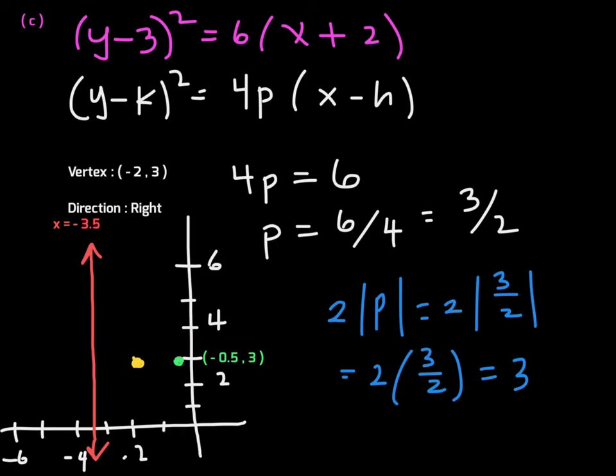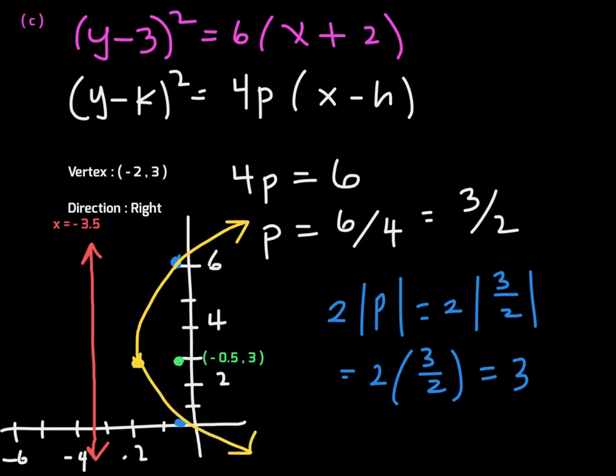So let me go ahead and plot that point. About right there, okay? And I'll label that in just a second. When I go up 3 units from -1/2, +3, I end up at -1/2, +6. Okay, about right there, okay, guys? And again, I'll label that point right now. So then our parabola is going through those 2 points there, right?